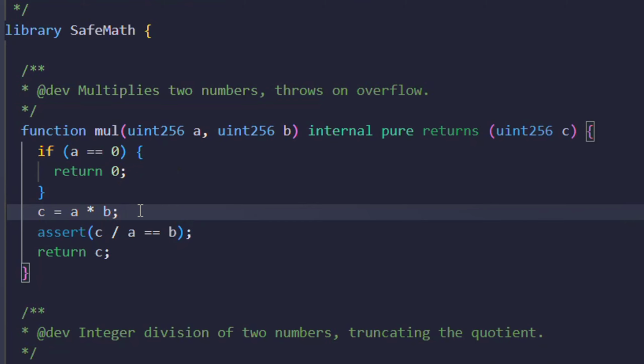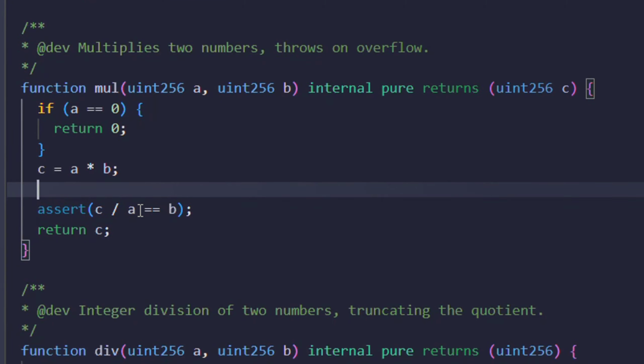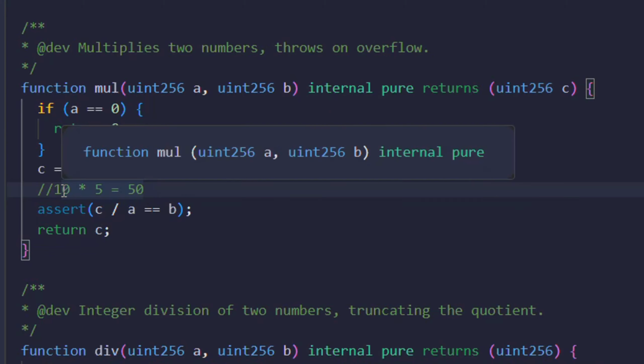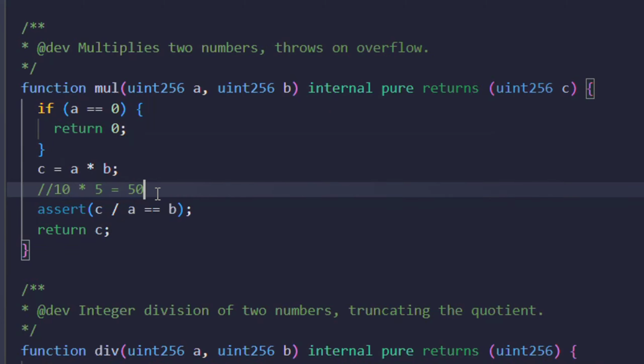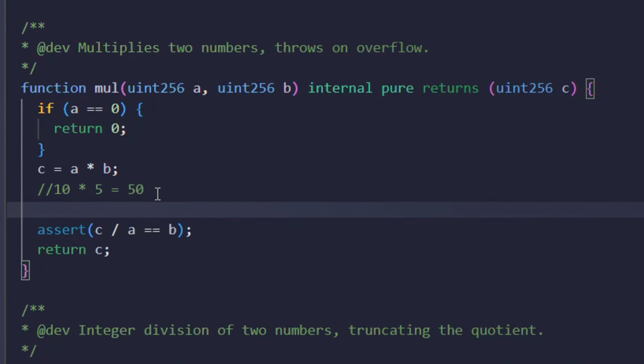Let's say we're doing 10 multiplied by 5. That will give us 50, right? So this is a, this is b, and this is c.